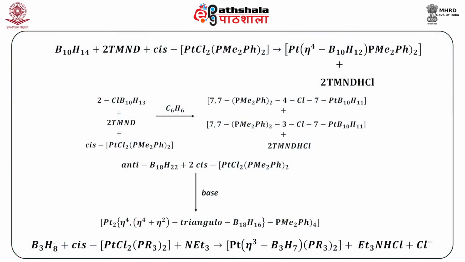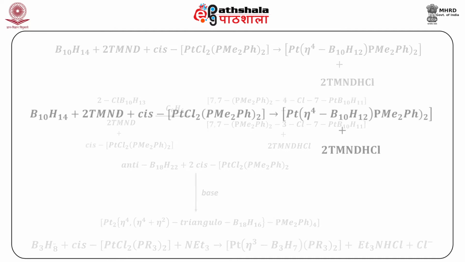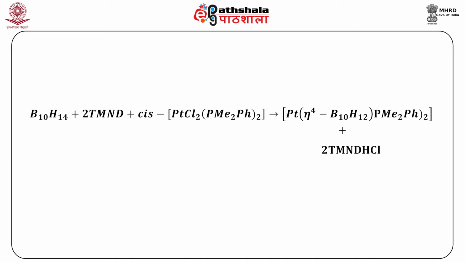As you can see in the examples, the borane anion replaces one or more ligands in the metal coordination sphere, and it is coordinated to the metal through more than one atom as represented by eta 4, eta 3, etc. Let us see the first reaction, wherein B10H14 is treated with TMND, that is tetramethylnaphthalene-diamine, and a platinum complex to give you a platinum metalloborane, wherein the borane is attached to the platinum through 4 atoms as represented by eta 4.